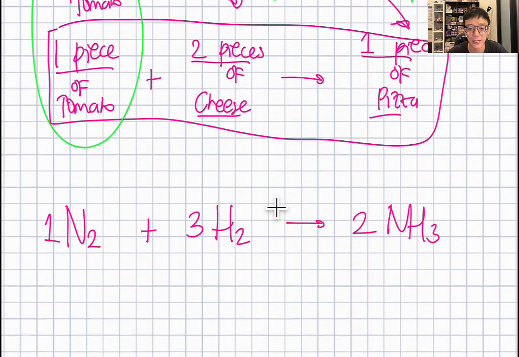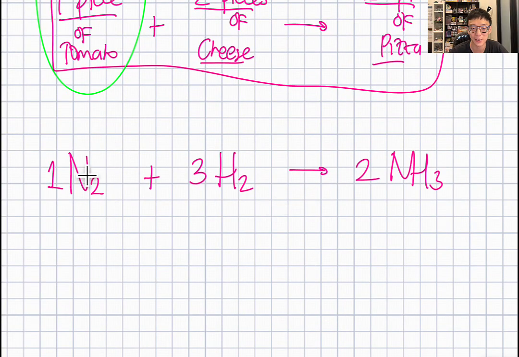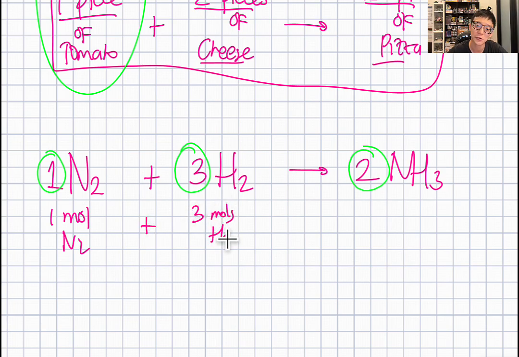In a chemical reaction, let's say we have this reaction: 1 nitrogen plus 3 hydrogen produces 2 ammonia. What do these numbers represent? These numbers are moles. So 1 mole of nitrogen reacts with 3 moles of H2, creating 2 moles of NH3, ammonia.